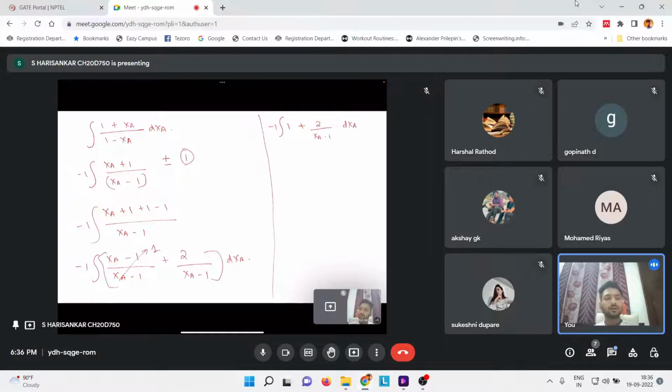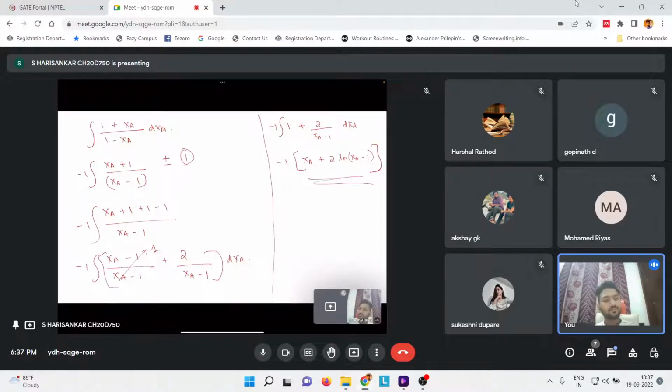Now you can see how simple it is to integrate. The integral of 1 dxa will be xa, and 2 into 1 by xa minus 1 will be 2 into ln of xa minus 1. So this is how you do an integration of this sort.